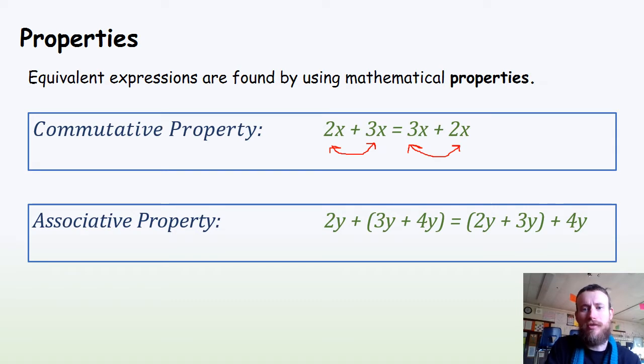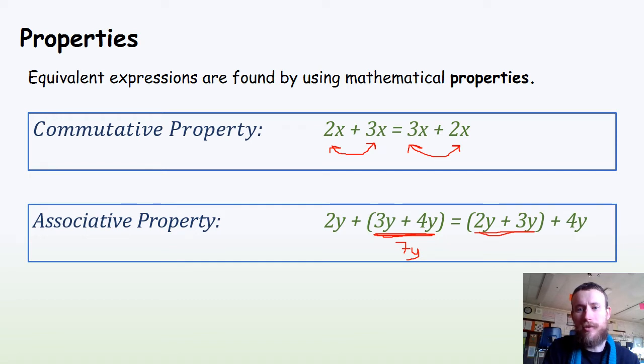The associative property means we get to choose in which order to add. So here we have 2y plus the quantity 3y plus 4y. What's in the parentheses is what we should add first, following the order of operations. So we would add these two terms first, 3y plus 4y, which we'll see is going to give us 7y in a moment. But here we can switch the order. We can choose to add the first two terms.